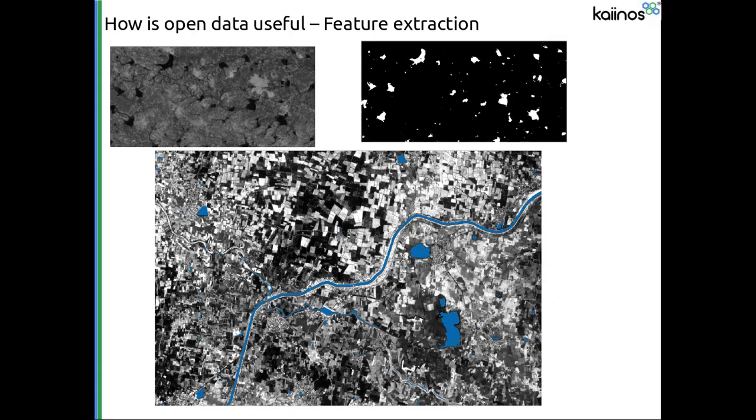We primarily use Landsat, Sentinel 1 and 2 both, and then we also use digital elevation models in doing feature extraction or any other classifications and generate maps for our users.